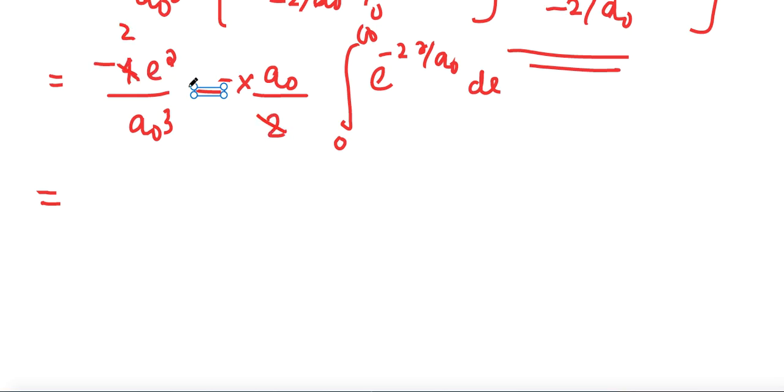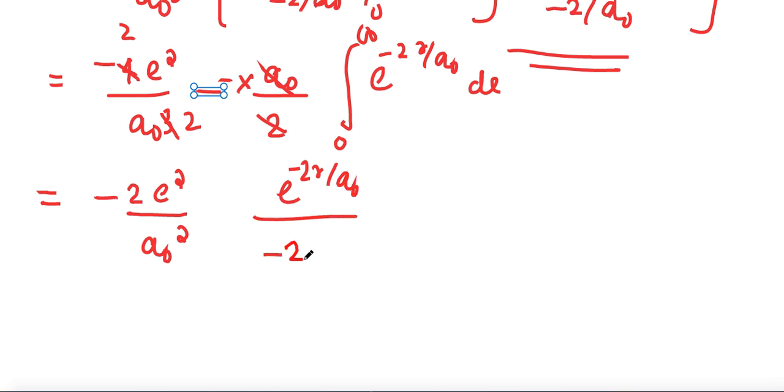This becomes minus 2e square by a0 square, integral of e raised to minus 2r by a0 divided by minus 2 by a0, from 0 to infinity.